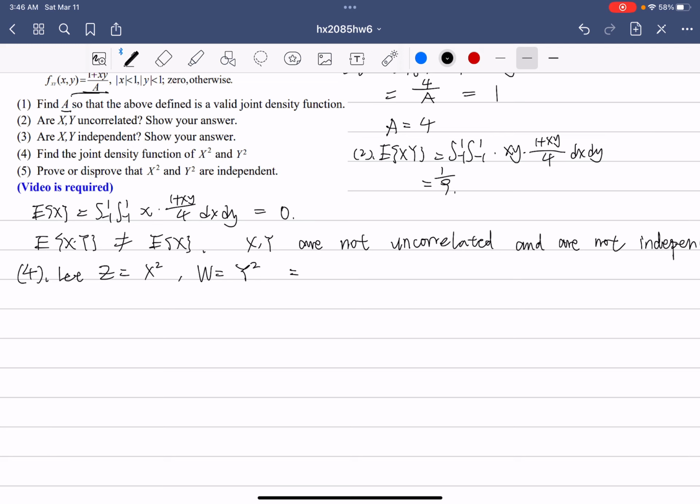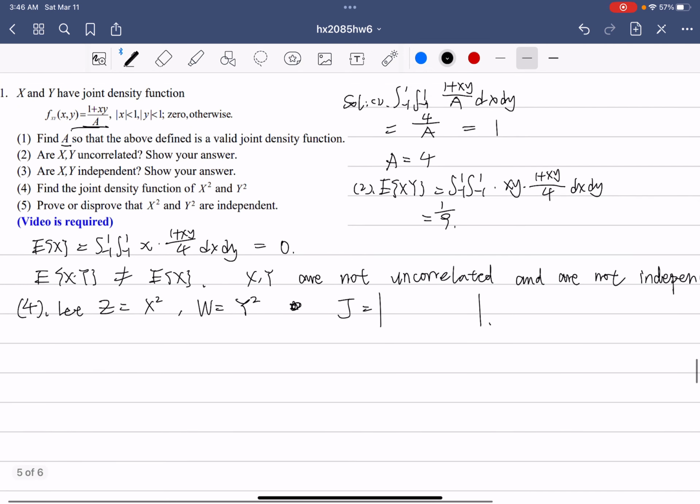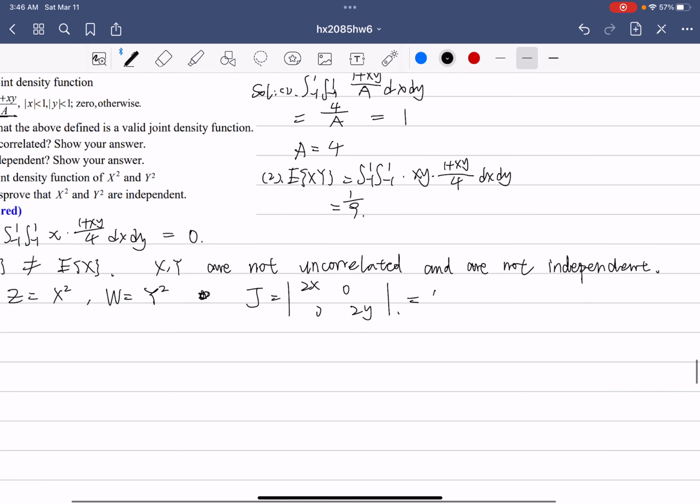Now we get the Jacobian J equal to the matrix with 2x and 2y on the diagonal and 0, 0, which equals 4 times x times y.